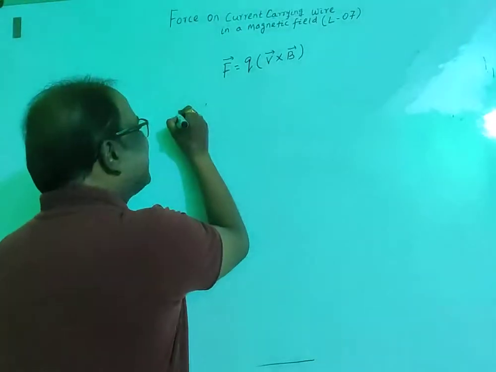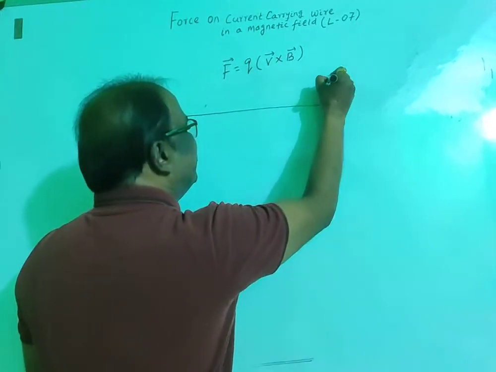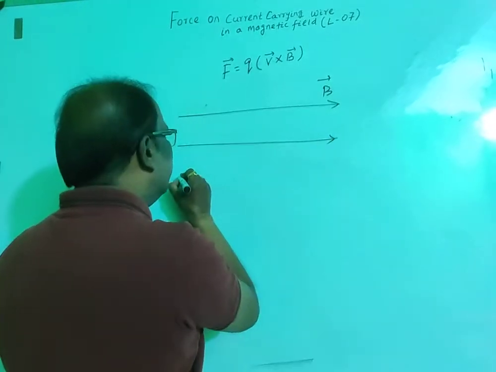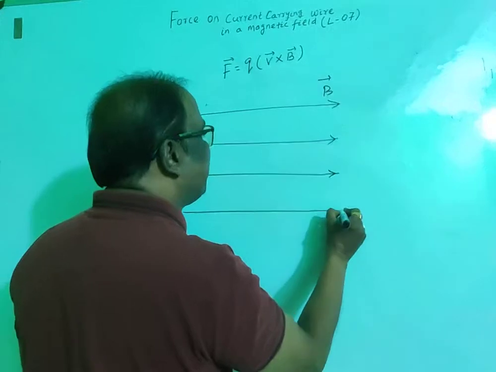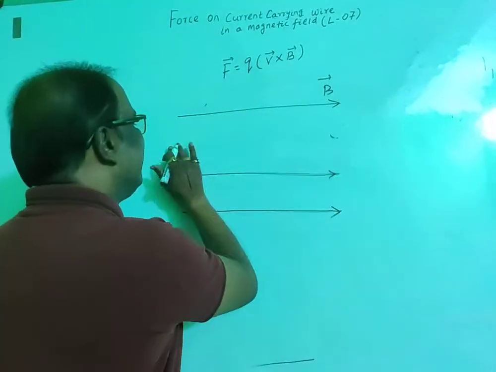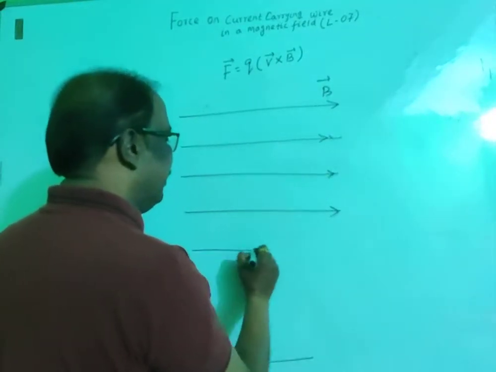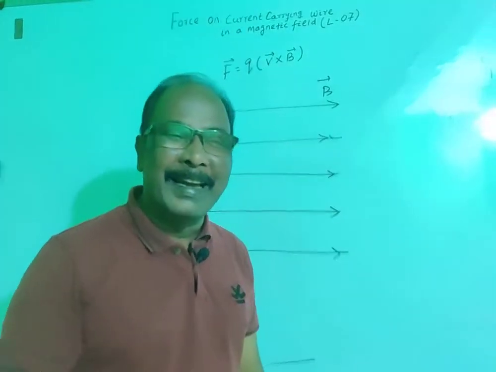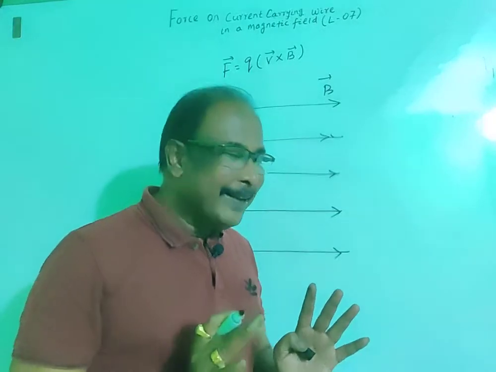This is the direction of magnetic field B, and we are representing a uniform magnetic field, and as you know, if field lines are parallel and equidistant, then the magnetic field is uniform. The strength of the magnetic field is B.